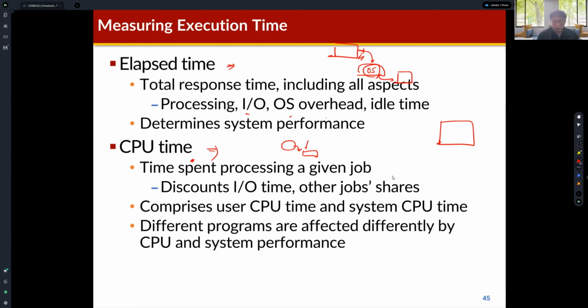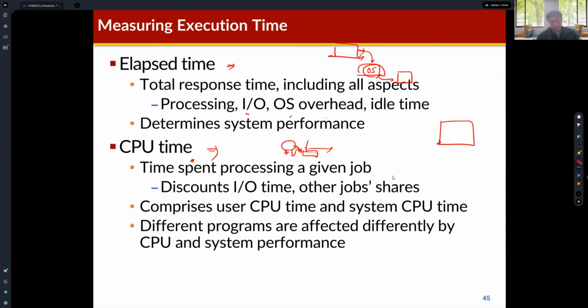So this single thread or application is purely executed on a processor, and we just measure the elapsed time of this application or thread.